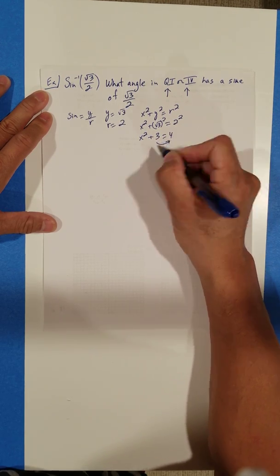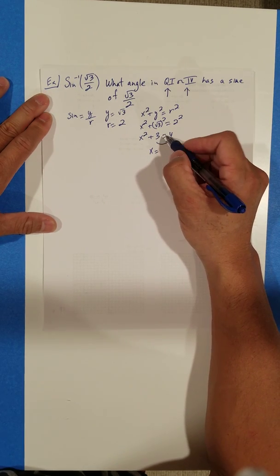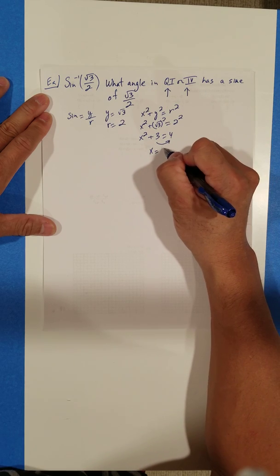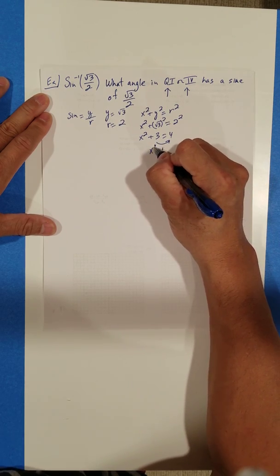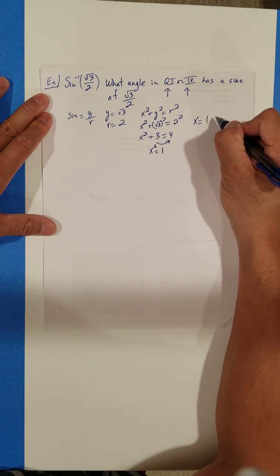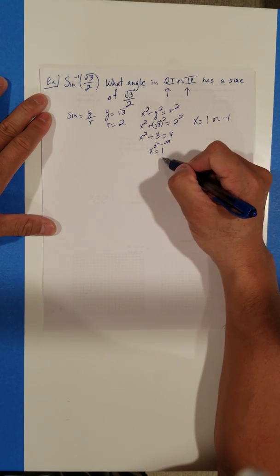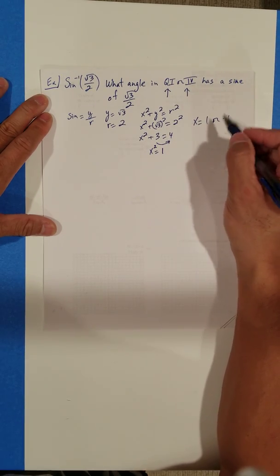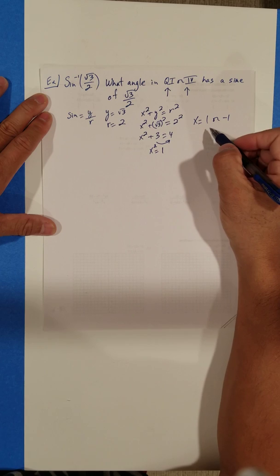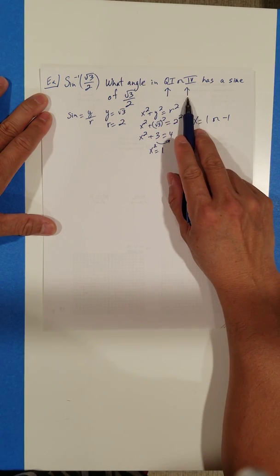So you bring that over. x squared is 1, so that means x equals 1 or negative 1, okay? When we take the square root, we get x equals 1 or negative 1. Now, think about this, okay? We're either in quadrant 1 or in quadrant 4.